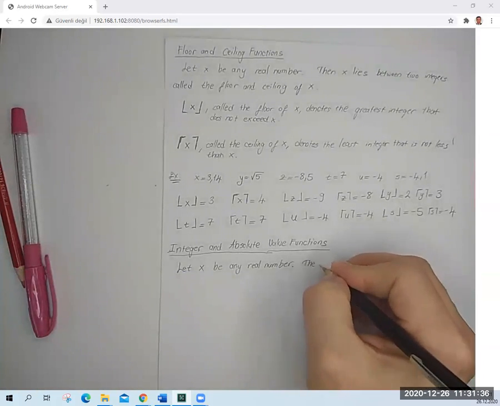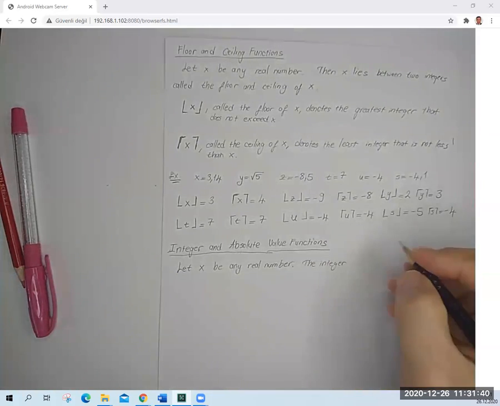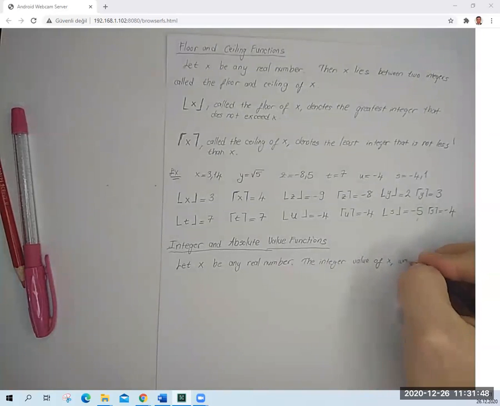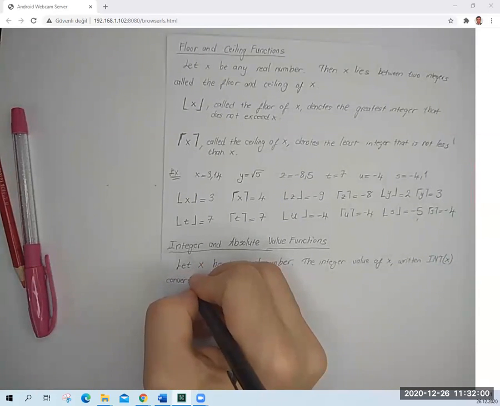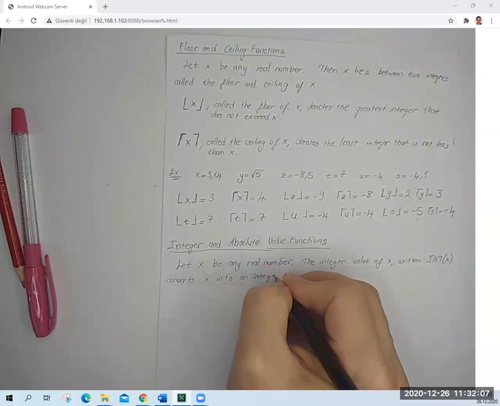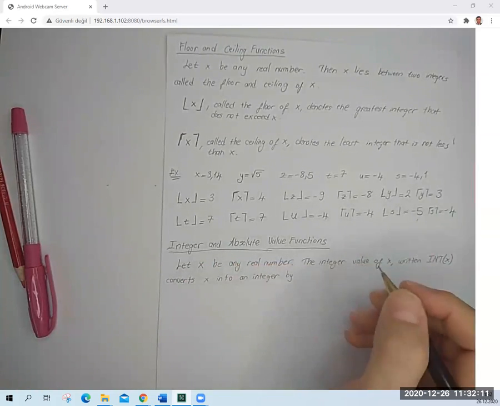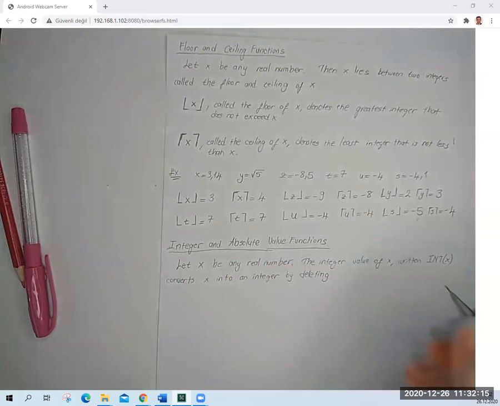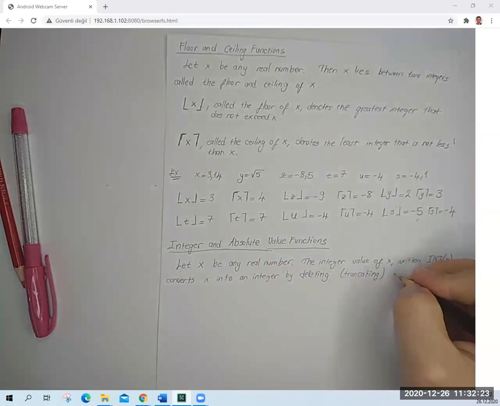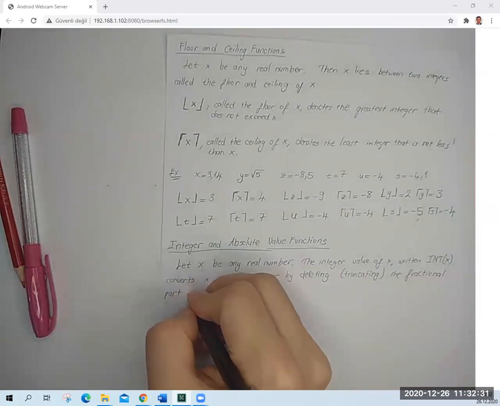The integer value of x, written capital I N T of x, converts x into an integer by deleting, removing, truncating the fractional part of the number.